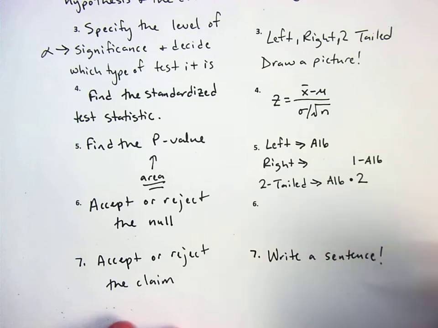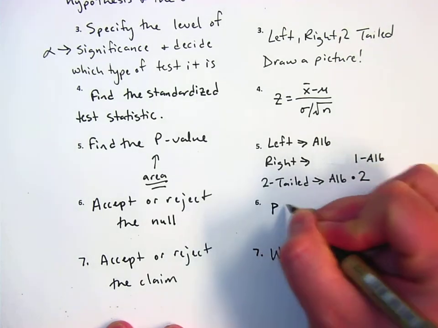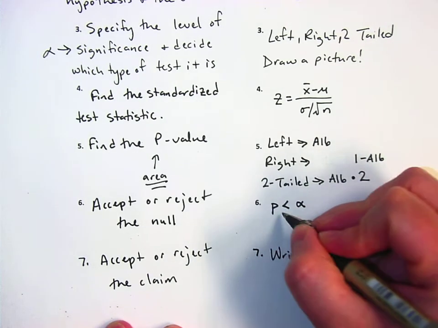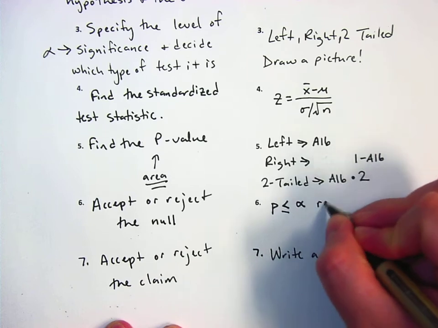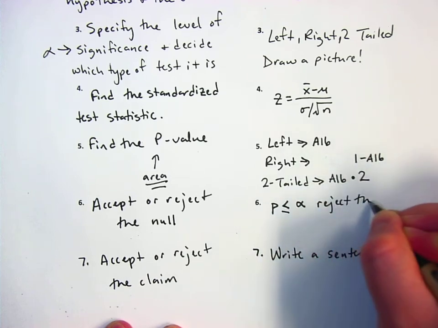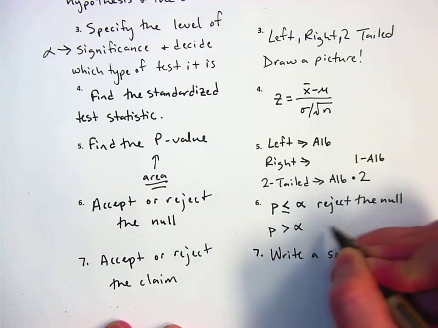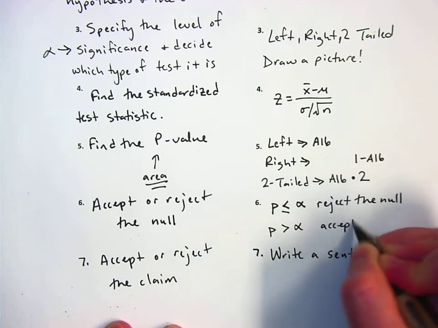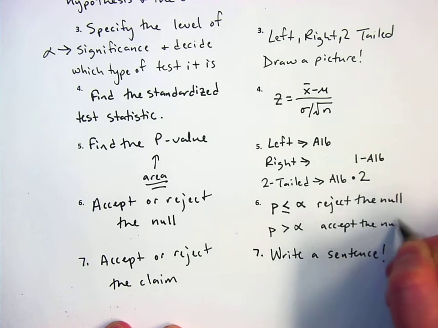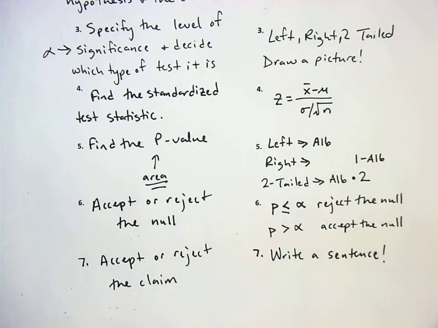So I'm going to write a little key over here. If p is less than alpha, less than or equal to alpha, actually, you reject the null. And if p is greater than alpha, you accept the null. Pause if you need to.